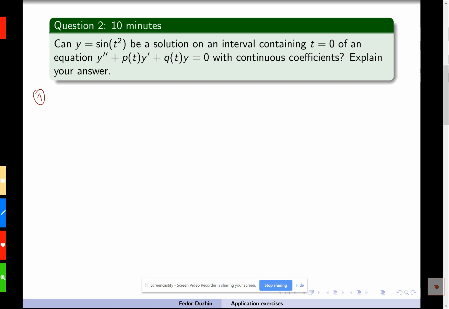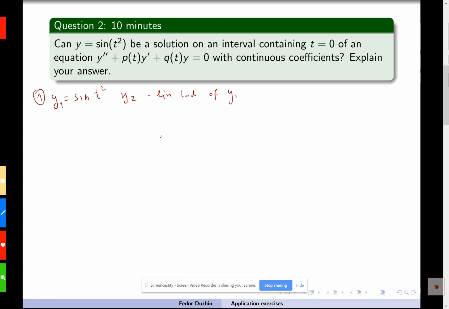So we know that y is sine of t squared. But if this is a solution on an interval of some differential equation, then there's going to be another solution, right? So let us denote this sine of t squared as y1, and let us introduce another solution y2, and suppose that it is linearly independent of y1.